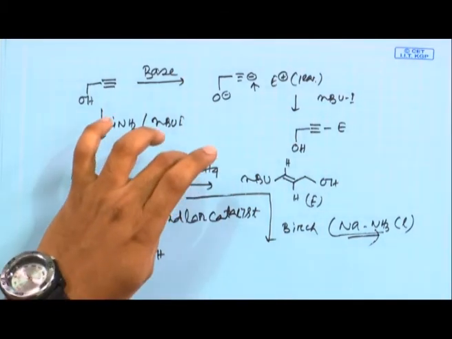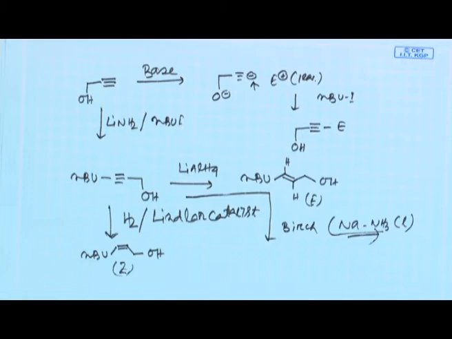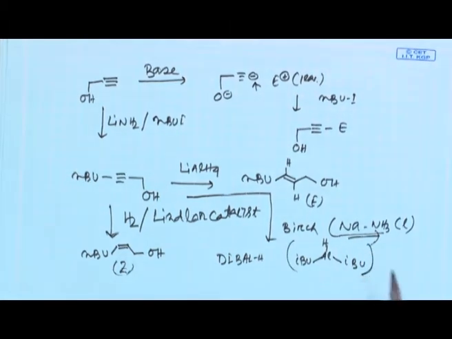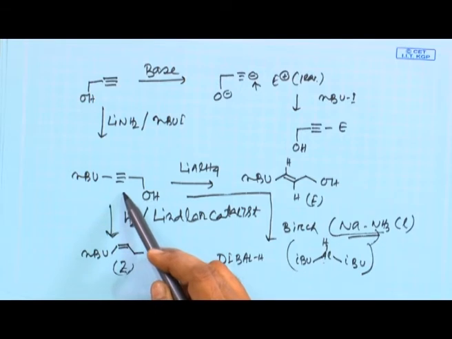And for the reducing agent, something like an aluminum based reducing agent, let us say DIBAL. What is this? Diisobutyl aluminum hydride. It is a pretty sterically bulky hydride reagent and it is pretty mild, but this reagent also has the similar tendency to give you this E allylic alcohol starting from a propargylic alcohol.